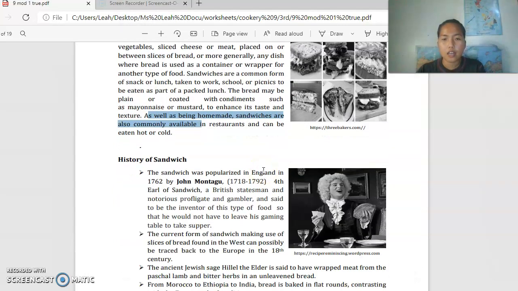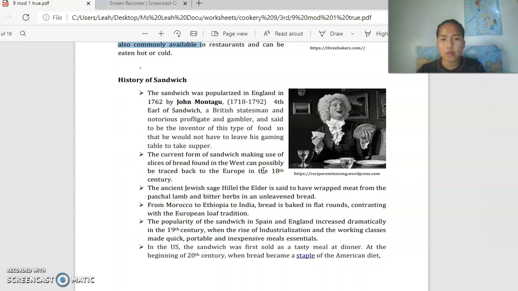Okay, so the history of sandwiches. What's the history behind the sandwich? Accordingly, the sandwich was popularized in England in 1762 by John Montagu, a notorious gambler, said to be the inventor of this type of food, so that he would not have to leave his gaming table to take supper.